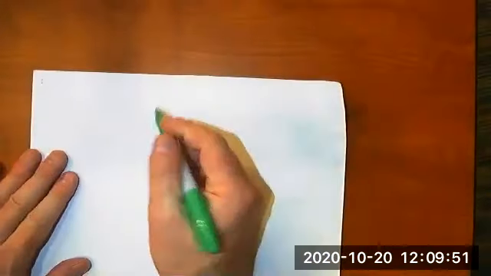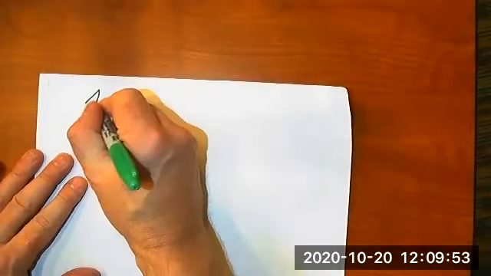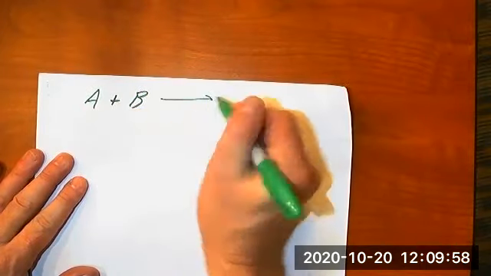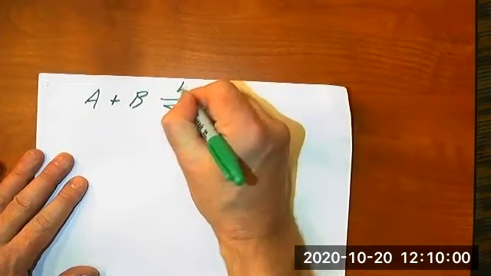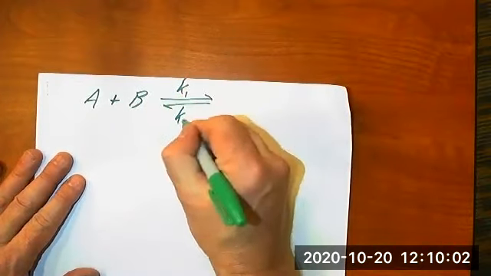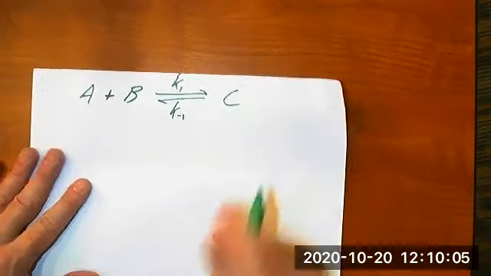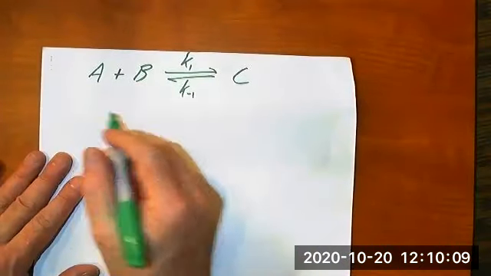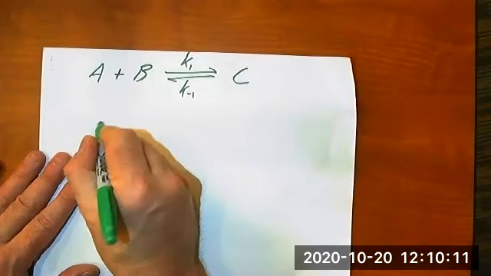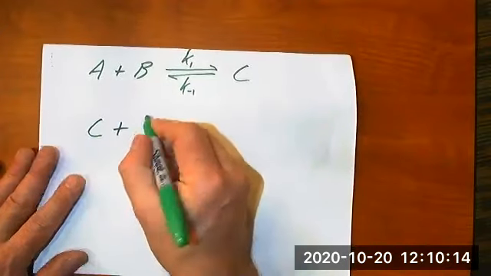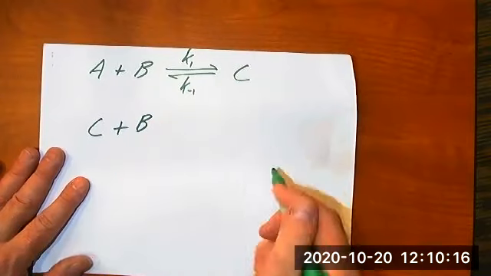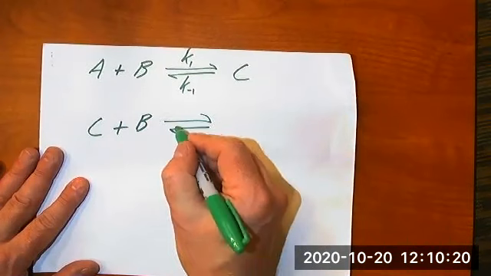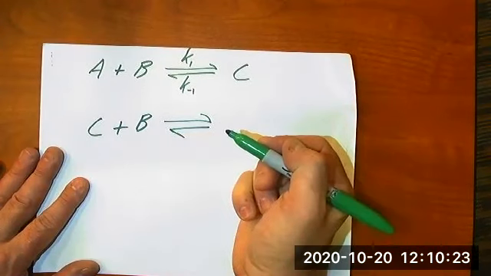Okay. So let's come up with a mechanism. We will say A plus B is going to be in equilibrium, we'll call this K1 and this one K minus 1, with C. So C is kind of a dimer, a combination of the A and the B. We'll say that C can then react with another molecule of B to make, shall we do this one as an equilibrium?